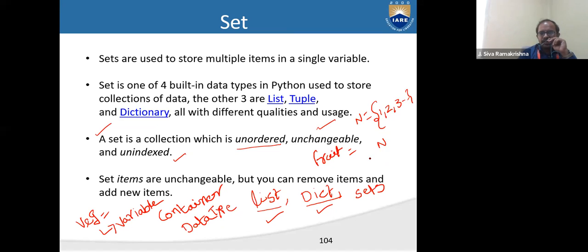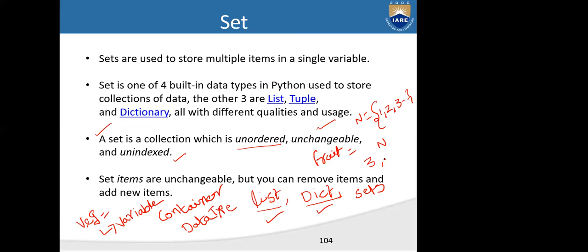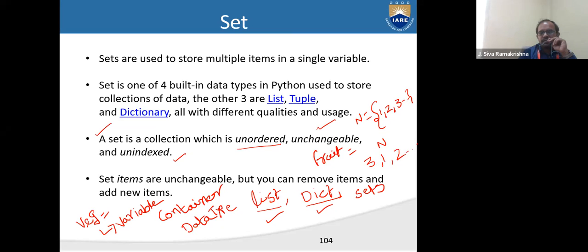While printing n, you may get 3 as the first element, and 1 as the second element, and 2 as a third element, and so on. Nothing but in sets, the ordering of elements is of least bother. One cannot consider the ordering of the elements, right? That is what order. There is no order if we define a set.